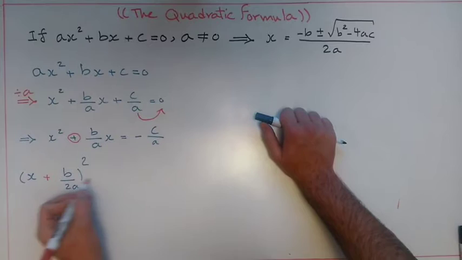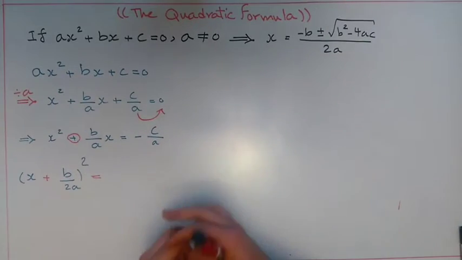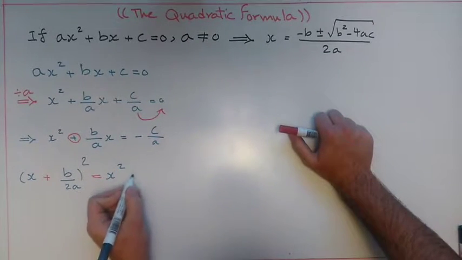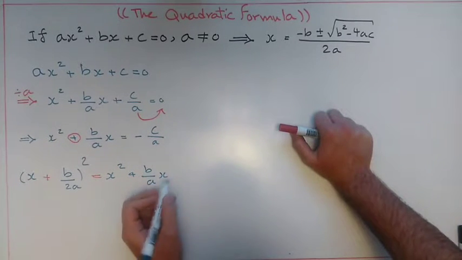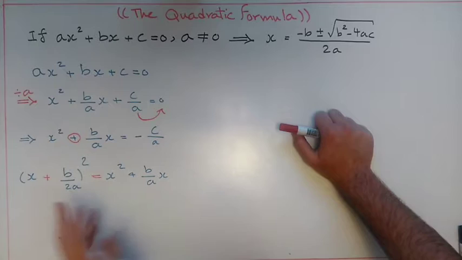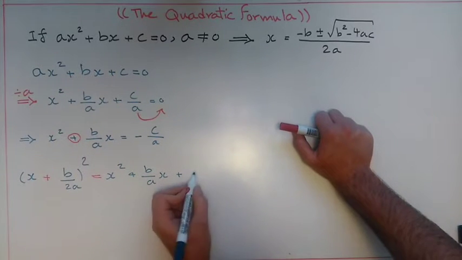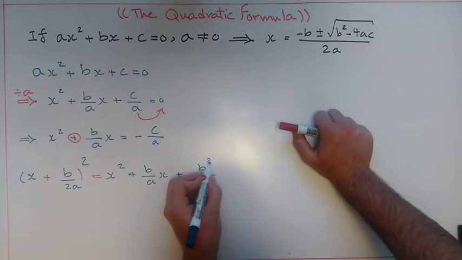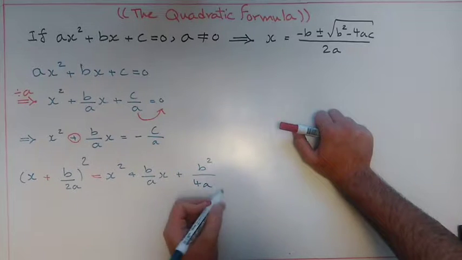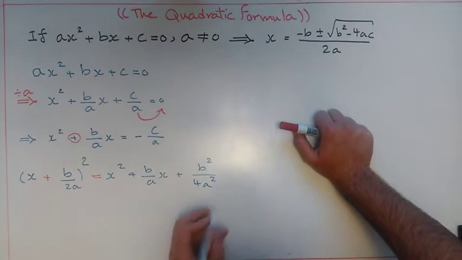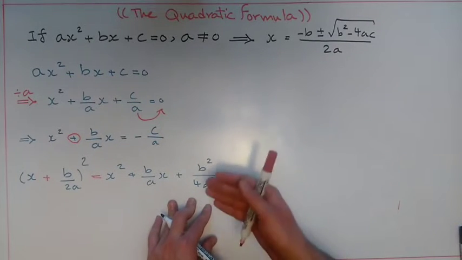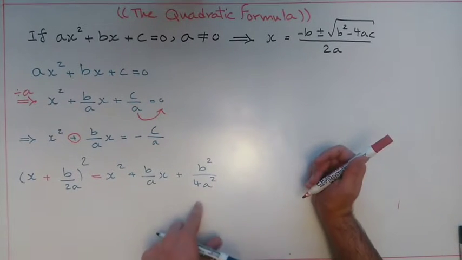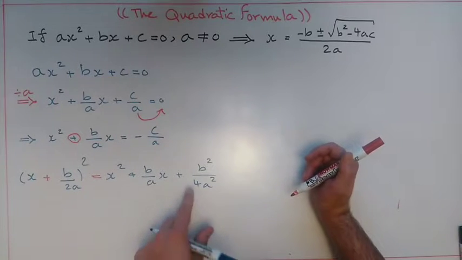So I find the result. I get x squared plus b over a times x and another value which is positive b squared over 4a squared. Now I can't just add this value to one side of the equation. If I add this to one side, then I need to add it to the other side too.